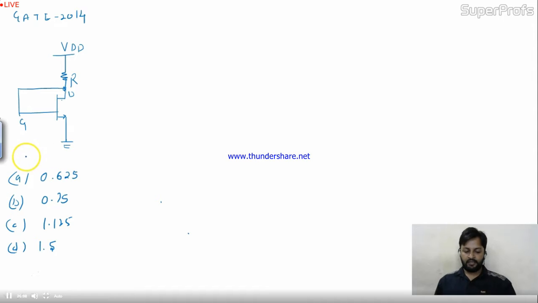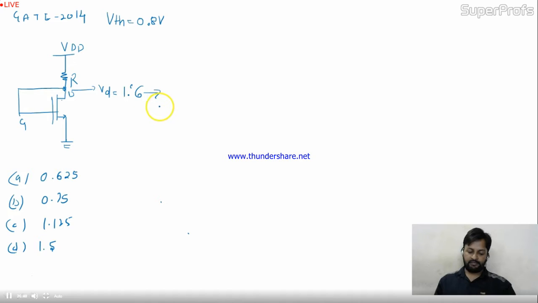Now the question is, for the N channel MOS transistor shown in the figure, the threshold voltage VTH is given as 0.8. Neglect channel length modulation effects. When the drain voltage VD is 1.6 volt, the drain current ID was found to be 0.5 milliampere.